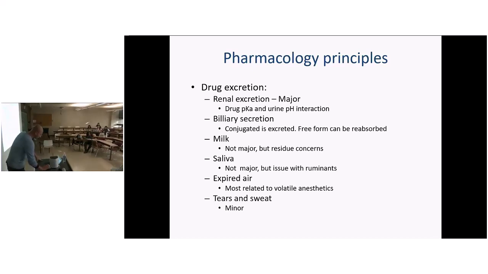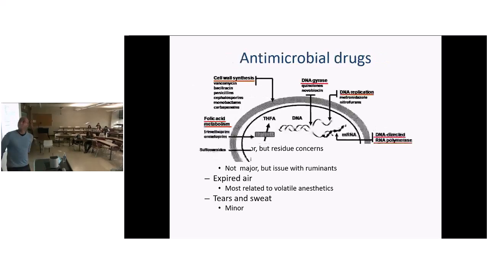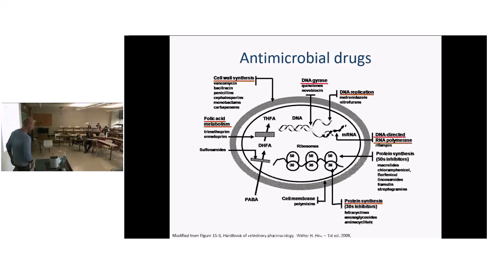Okay? Very good. So let's start this. I'm not going to have much time, so let's just start with the antimicrobial drug.